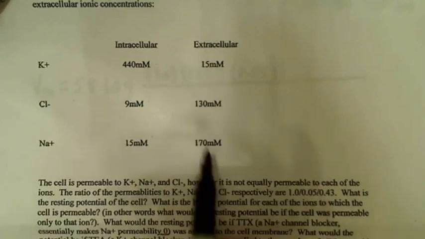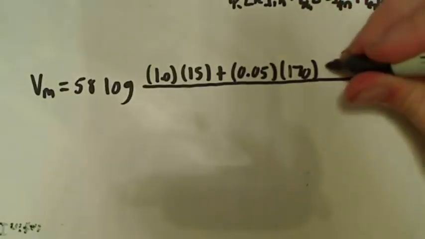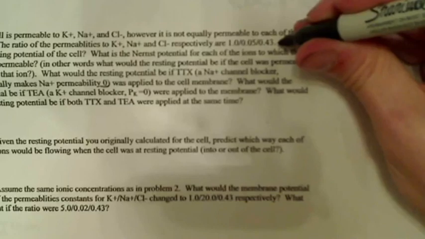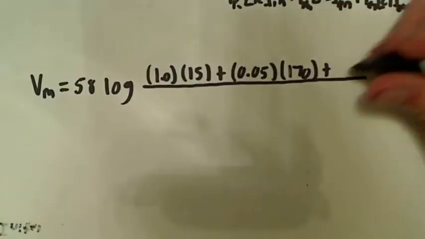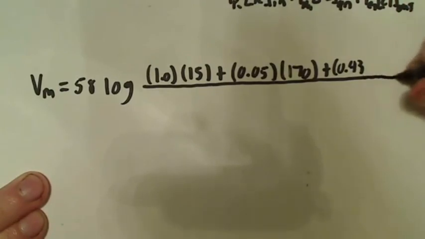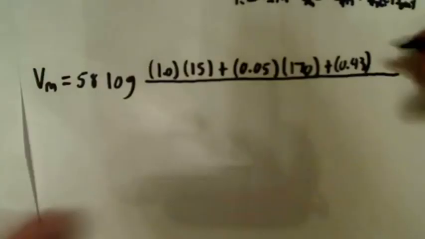Extracellular, outside the cell, 170, so I'll plug that in here, plus the last part: 0.43 for Cl-, that's the permeability constant, multiplied by the inside concentration for Cl, which is 9. So we're just going to plug a 9 in.